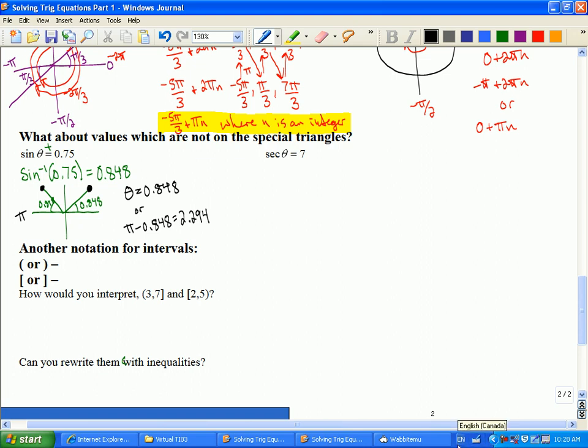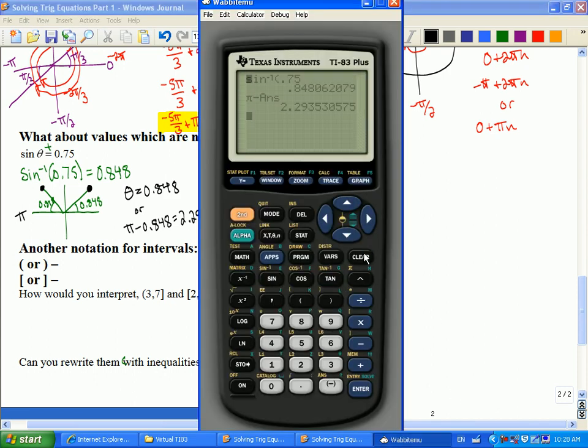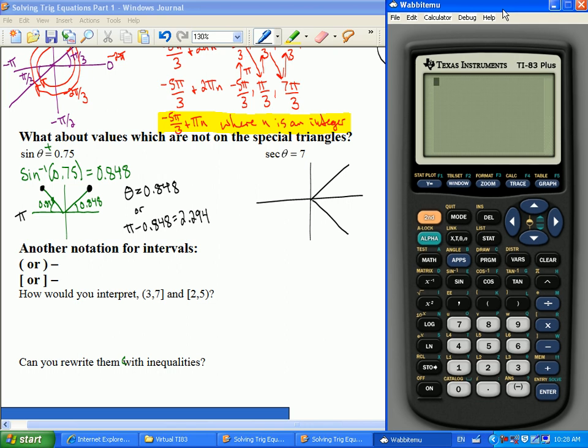Okay, so let's go through the same process. It's positive, so that means I'm going to be over here. These are where my angle's located. I need to use the calculator to help me figure out a reference angle for this. Okay, so I don't have an inverse secant. How am I going to do this?